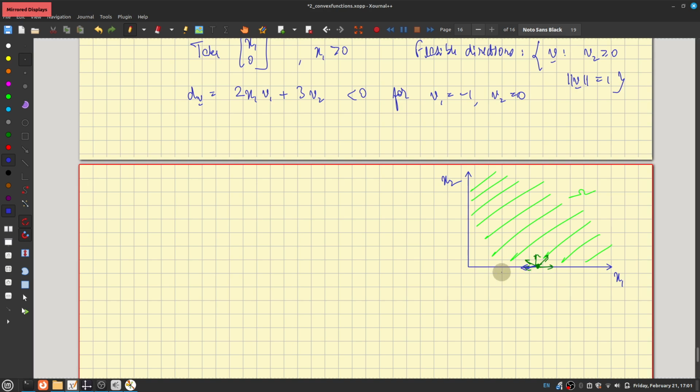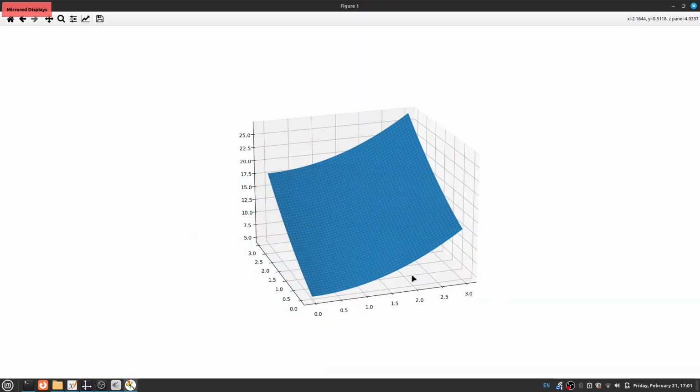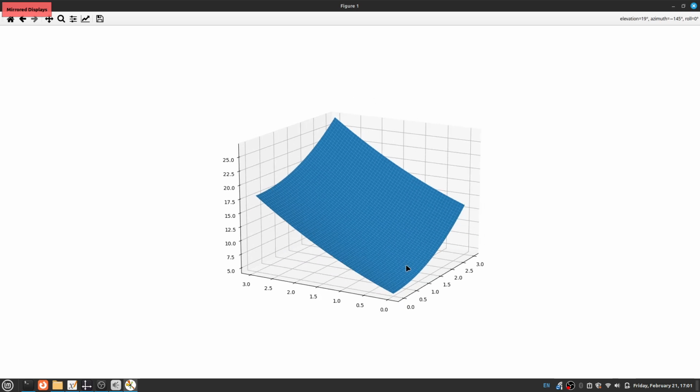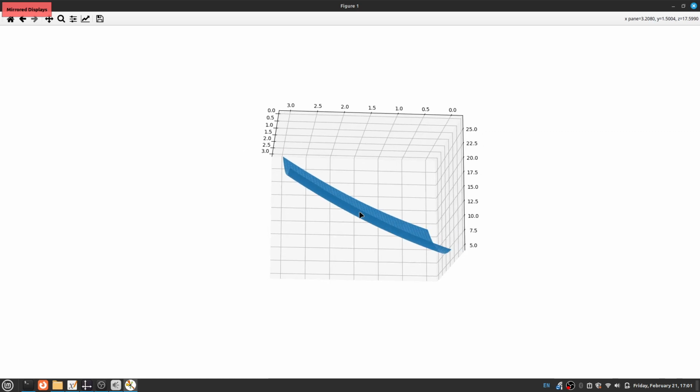Right? And as we saw in the plot, you take any point here, if you move along this direction, the function value is just decreasing. So that point cannot be a local minimum. Likewise, if I look at the x2 direction, then as I move towards 0, the function value is decreasing.